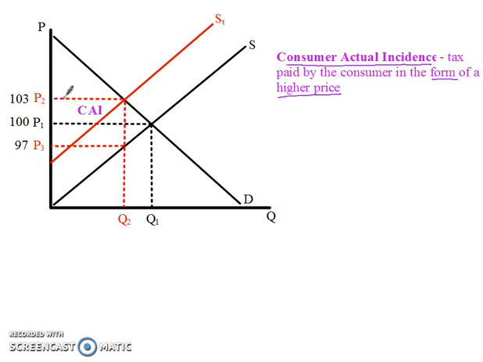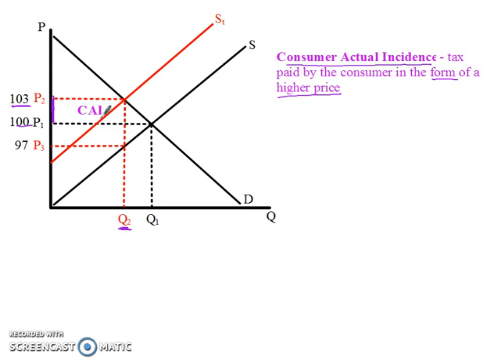Why is that going to be the consumer actual incidence? Well, the consumer used to pay P1 for the product, $100 we said, and now they're going to pay P2, which is $103. So they're going to pay $3 more per unit than they did before because of the tax. But they're going to buy Q2 units of the good.